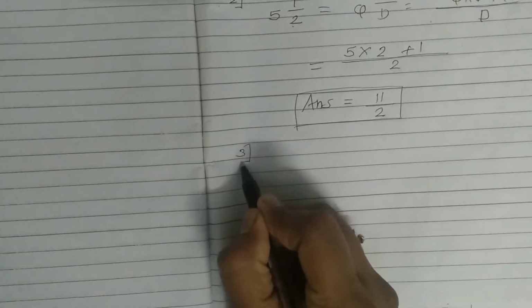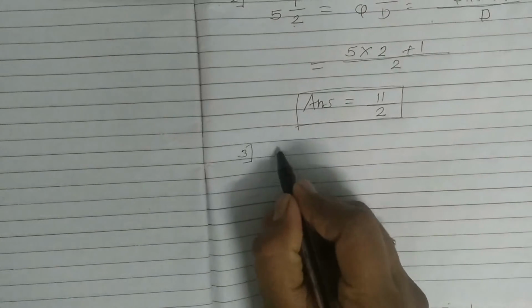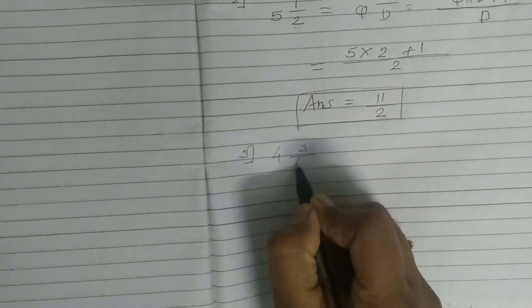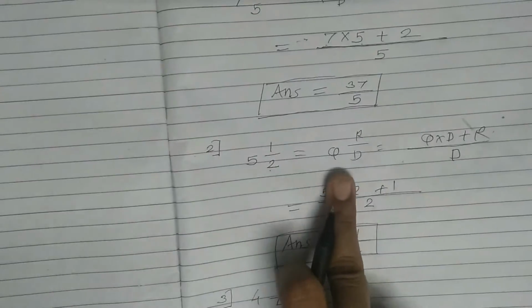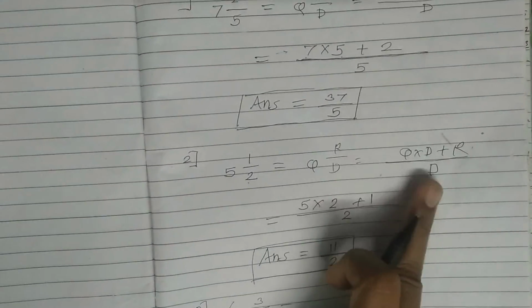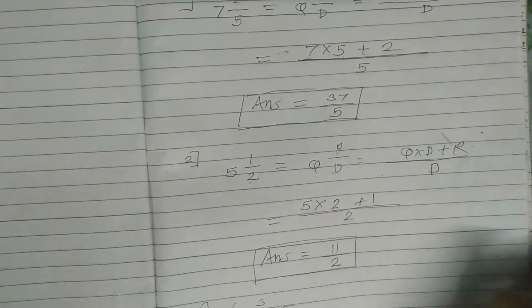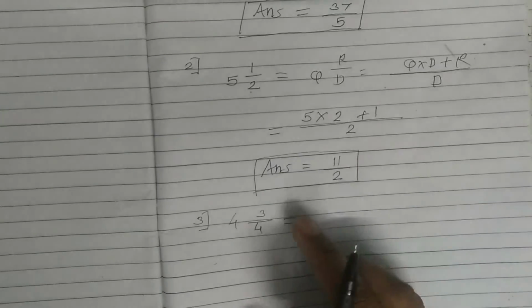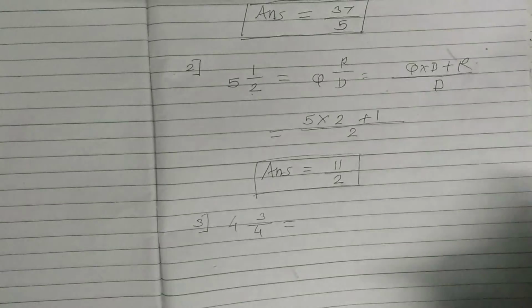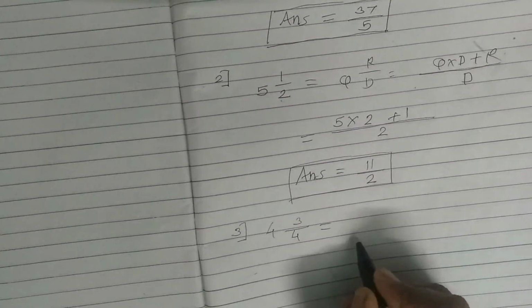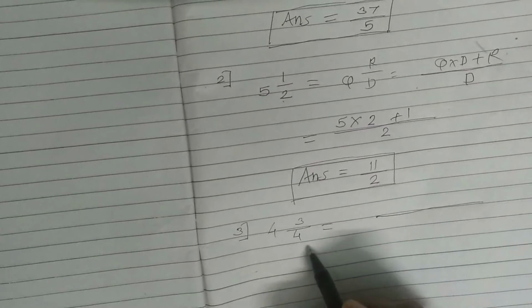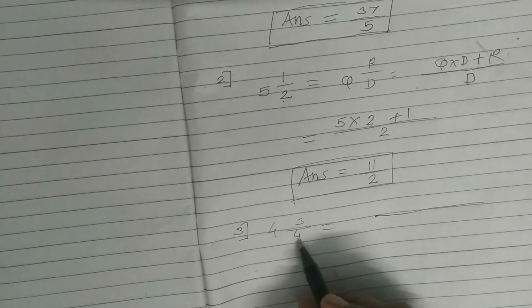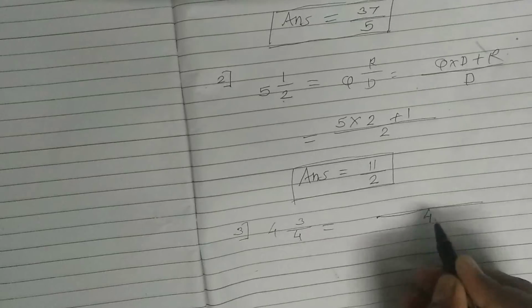Third problem, 4 and 3/4. So you always write now this form. I'm not writing it now: Q R upon D is equal to Q multiplied by D plus R upon D. So the conversion answer will come on this margin line. Now write the format or formula, you may say: 4 denominator as it is.